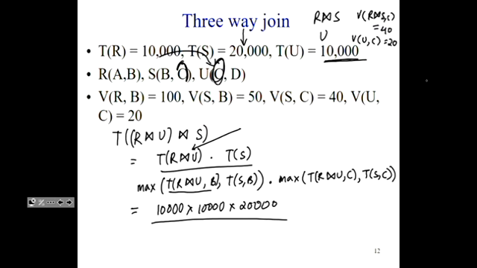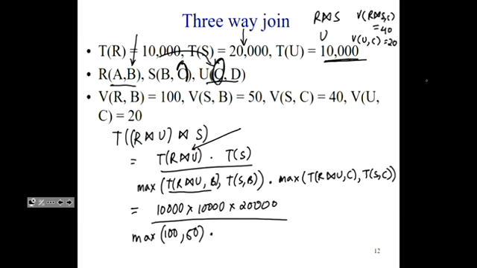So for R joined with U, using the preservation of value sets, the number of distinct values of B is going to be the same as the number of distinct values of B in R. So that's going to be 100. And the number of distinct values of B in S is 50.